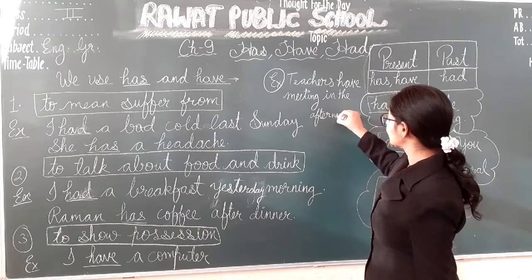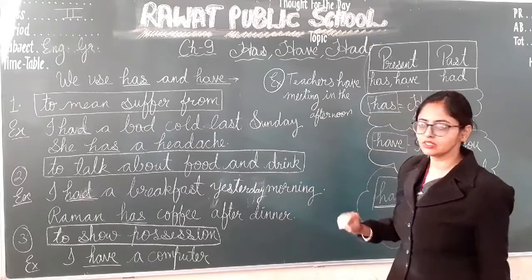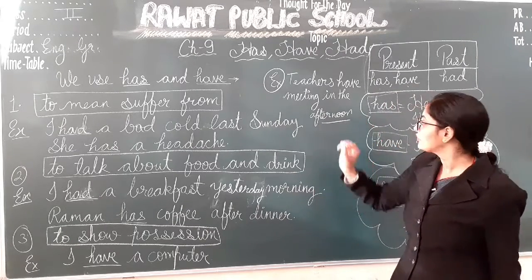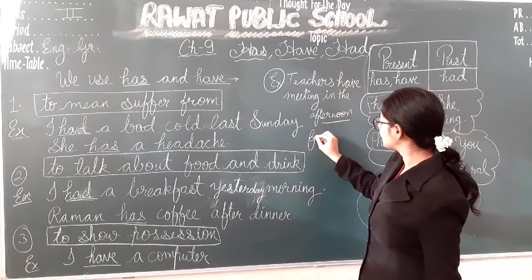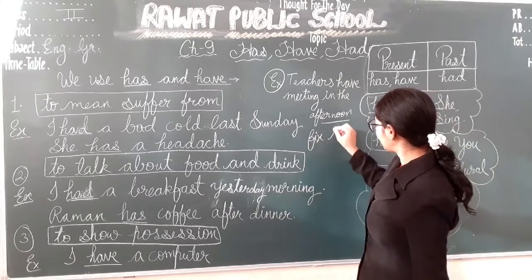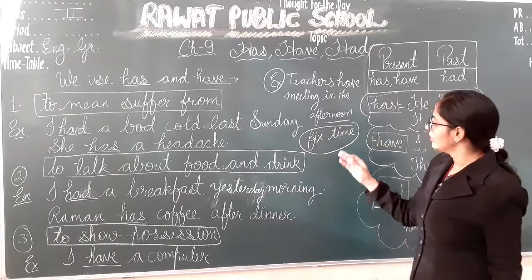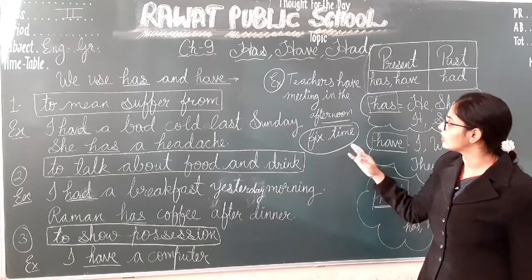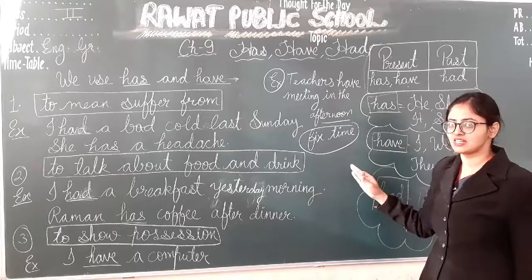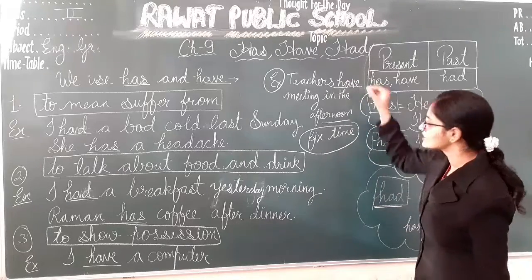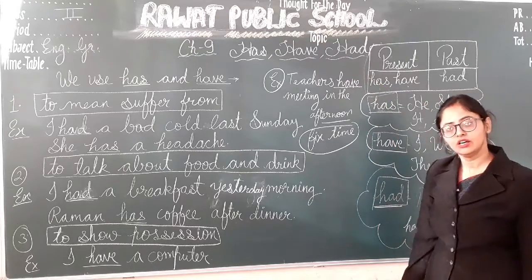Means time fix है. मीटिंग कब होगी? आफ्टरनून में होगी. जो फिक्स टाइम होता है, when the time is fixed time. Okay? For the fixed time also, for the fixed program also, जब आपका प्रोग्राम फिक्स है, that time also you use has and have. Understand?